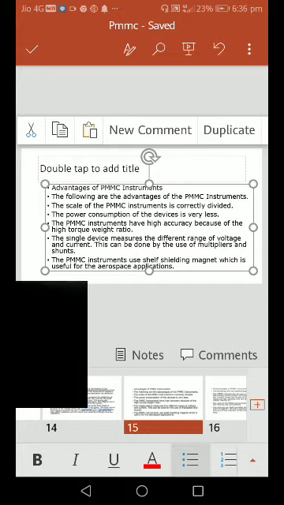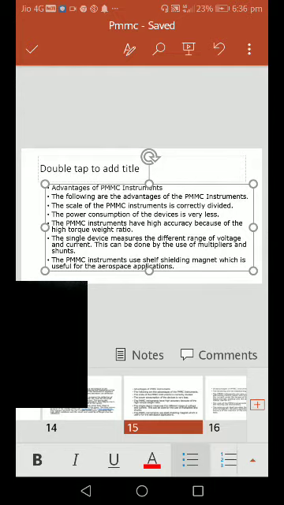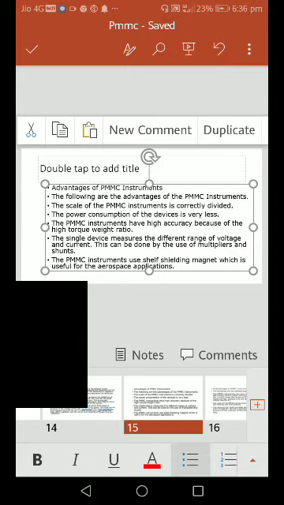The PMMC instrument uses a self-shielding magnet, which is useful for aerospace applications.